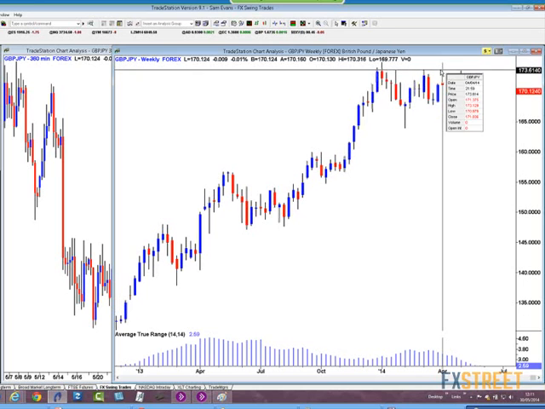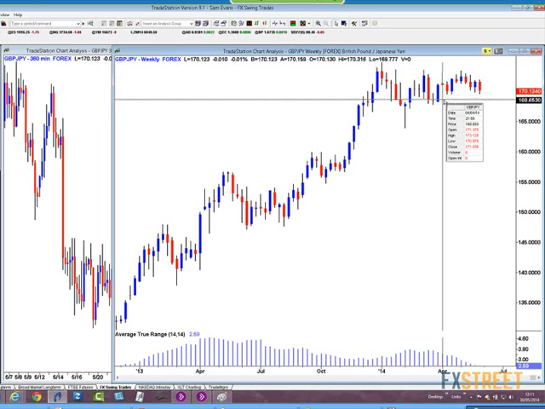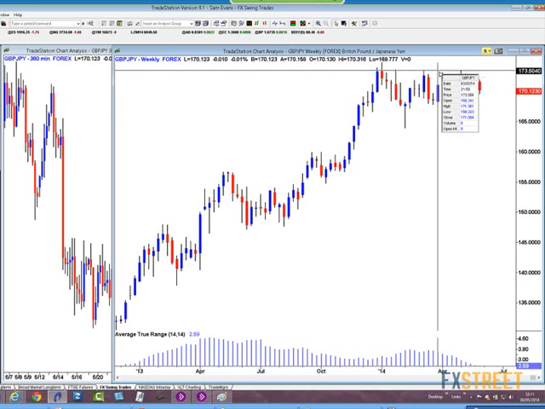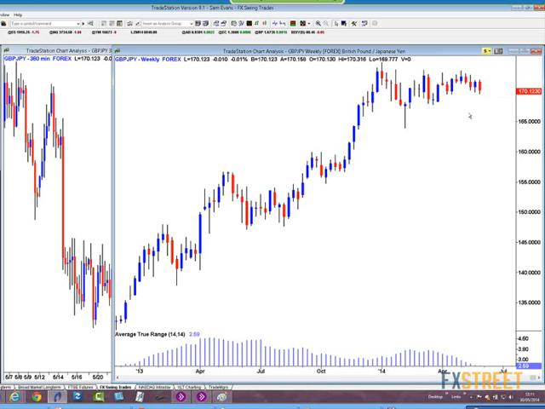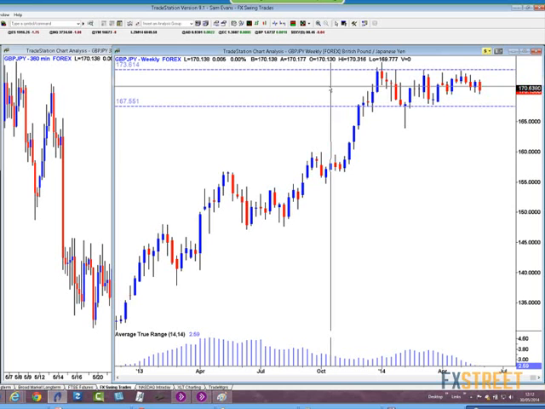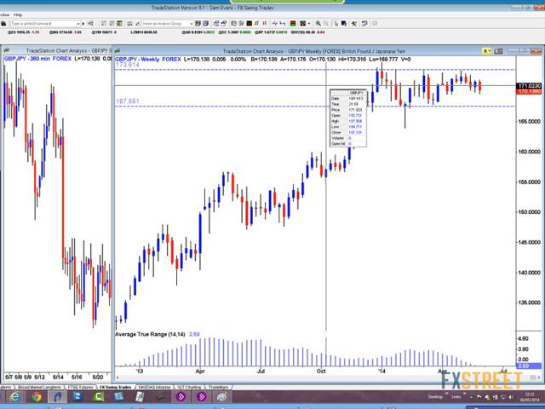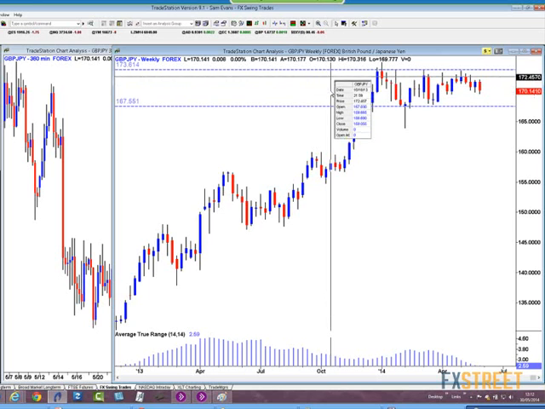Would you rather be short near highs or long near lows, where you've got the best chance of making a couple hundred pips, or would you rather be trading in the middle? Take a look at these highs here. Take a look at these lows. Or would you rather be trading here in the middle, where you've got more fluctuation?